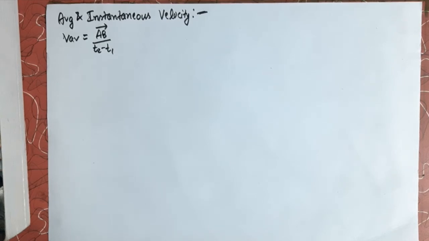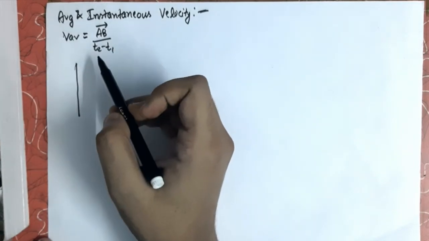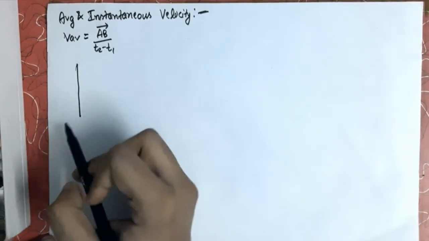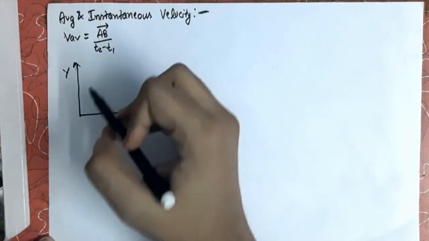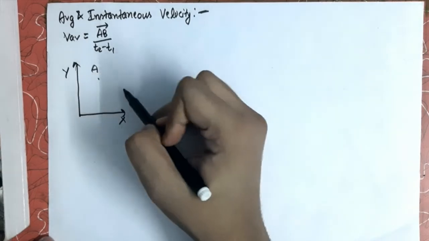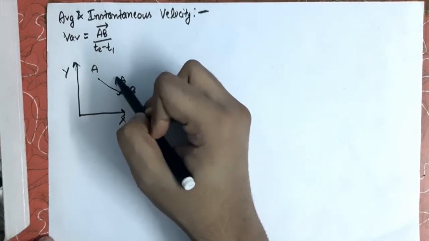Now how do we write this? AB is displacement from A to B. Suppose this is X, this is Y. Now this is A and this is B. So this vector will give you the AB vector.